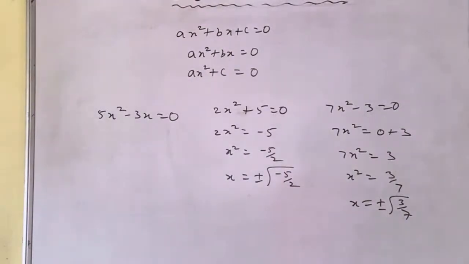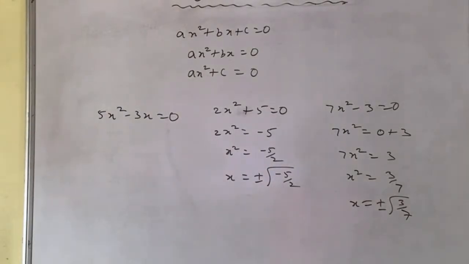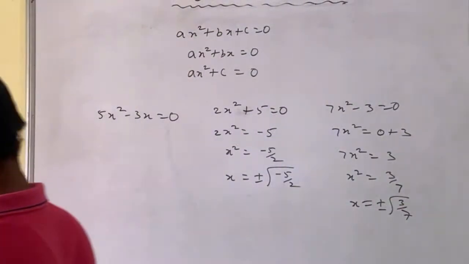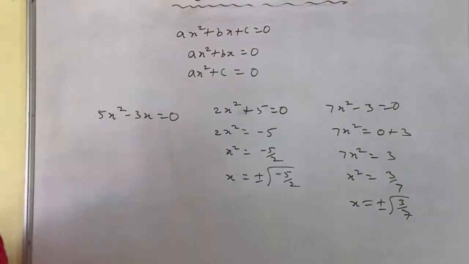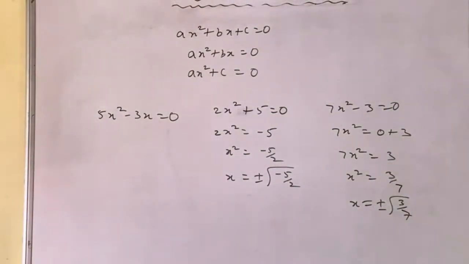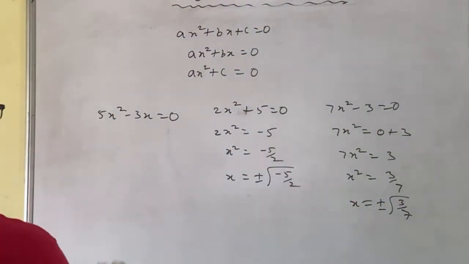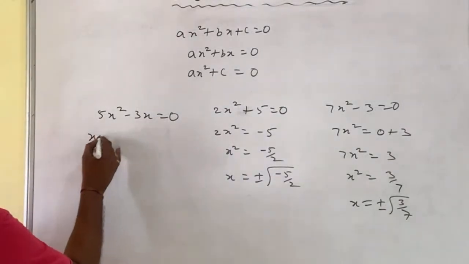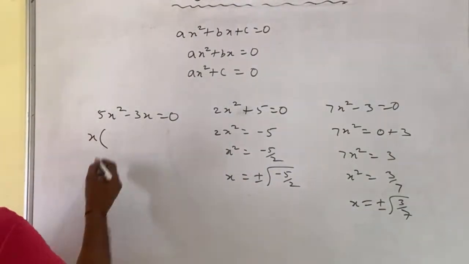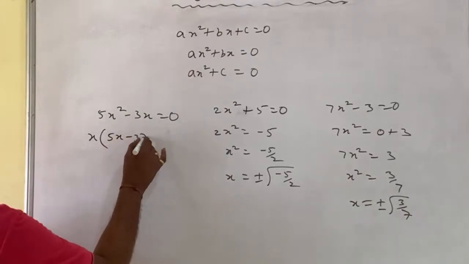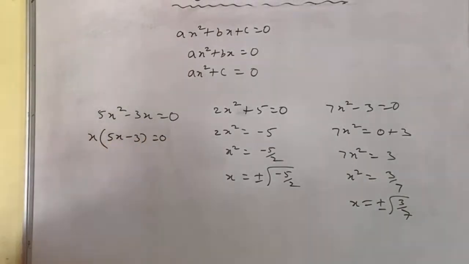What we have to do first? Take x common over here. x common. What is remaining? 5x minus 3 is equal to 0.